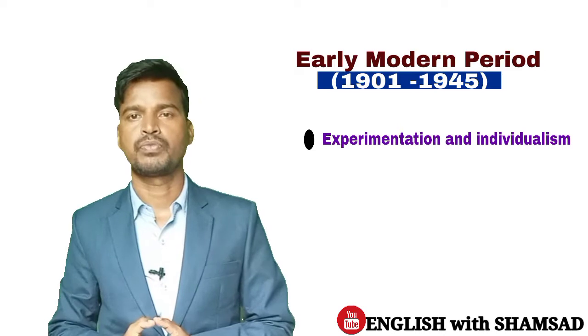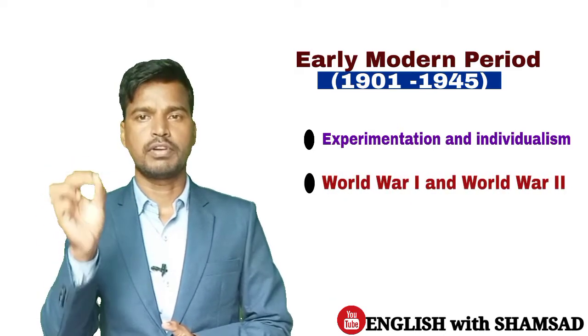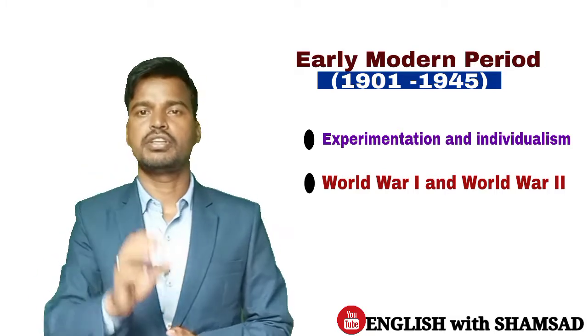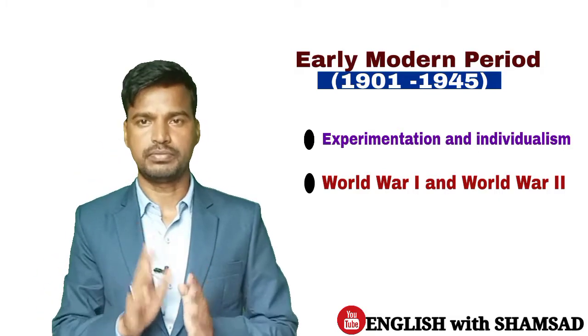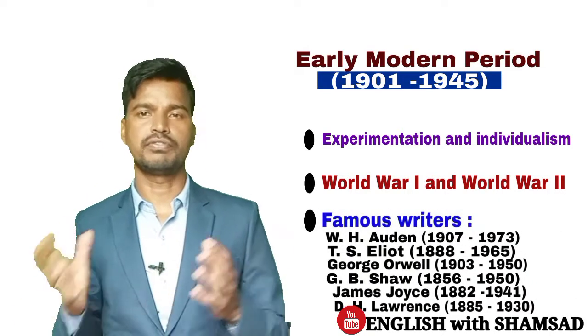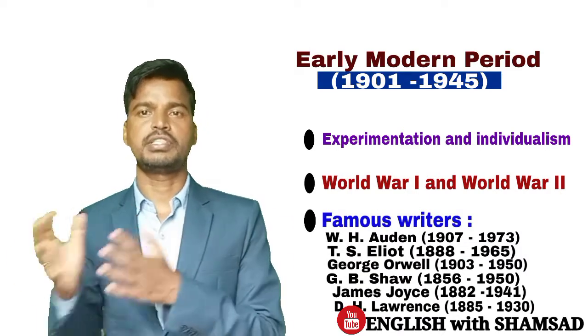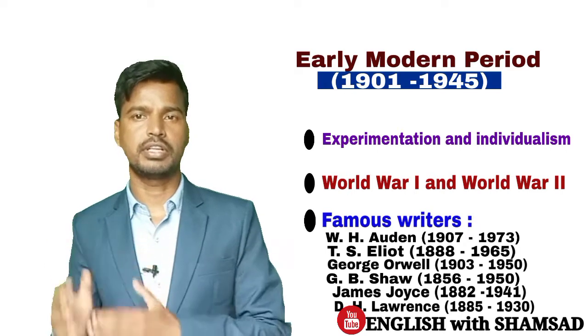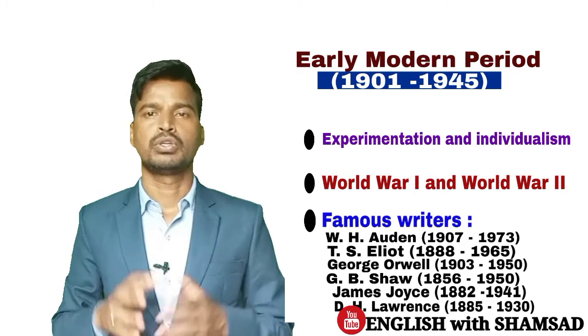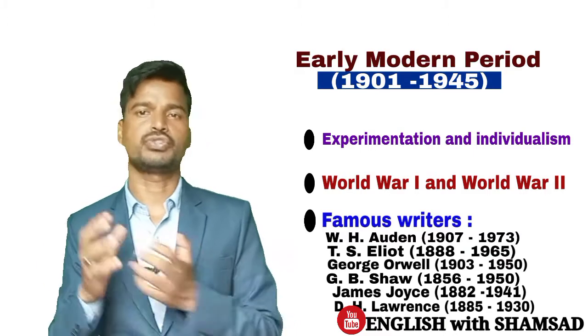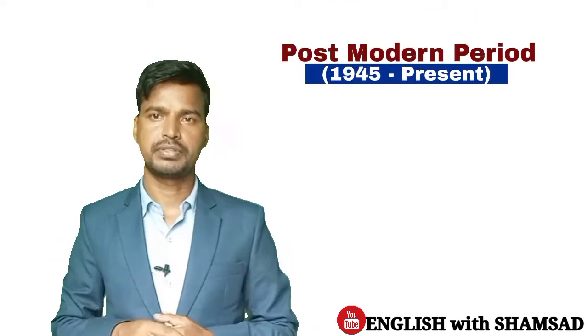During this age, World War I and World War II happened traumatically for everyone. Famous writers of this early modern period: W. H. Auden, T. S. Eliot, Thomas Stearns Eliot, George Orwell, George Bernard Shaw, James Joyce, and D. H. Lawrence.